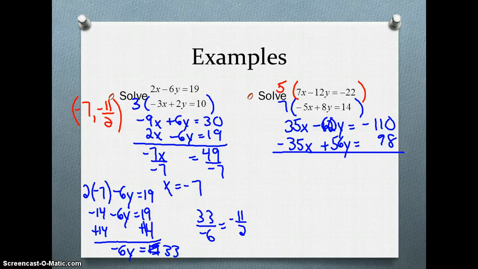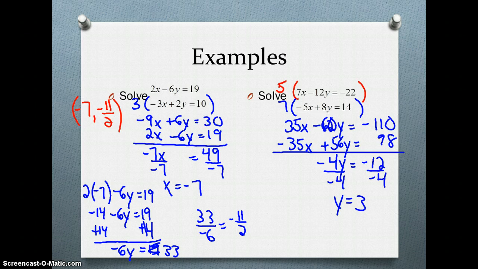Now we can combine. 35 and negative 35 gets rid of the one variable, which is one of our goals. So we have negative 4y equals negative 12. Divide both sides by negative 4. I get y equals positive 3.